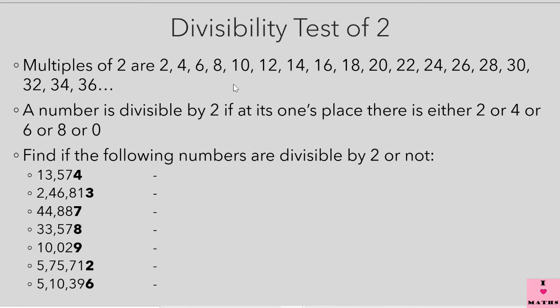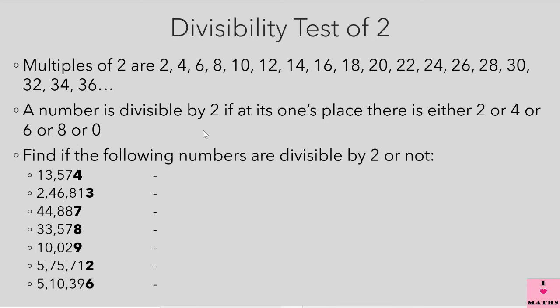And so on. I'm sure you must have guessed it by now. A number is divisible by 2 only if at its ones place there is either 2 or 4 or 6 or 8 or 0.